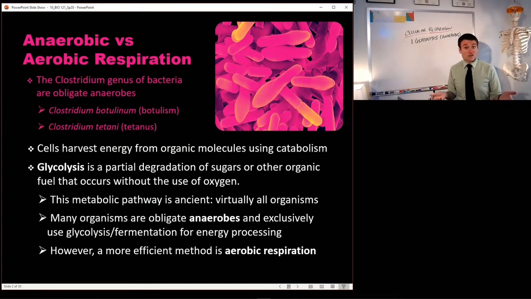Means that no oxygen is required. And your mitochondria only do the portions of cellular respiration that really have to do with interacting with oxygen, only the aerobic portions. So glycolysis doesn't happen in your mitochondria. Glycolysis actually happens in the cytosol of the cell just outside of your mitochondria.